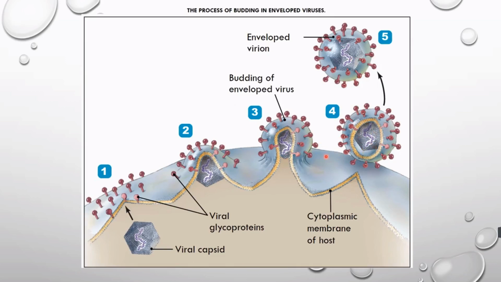A good strategy is to stop this from being released at all. And that's when we look at the HIV virus. This is one of the ways that we can actually control this virus. So if this was the HIV virus, what can happen is we have a specific protein within us called tetherin.